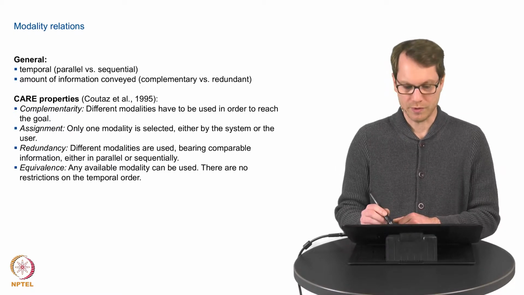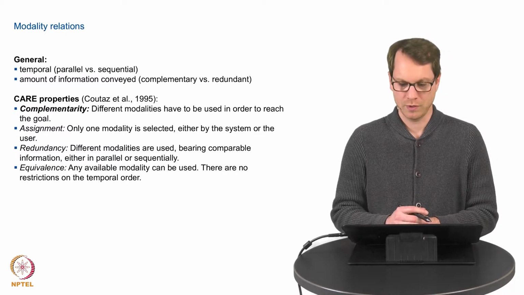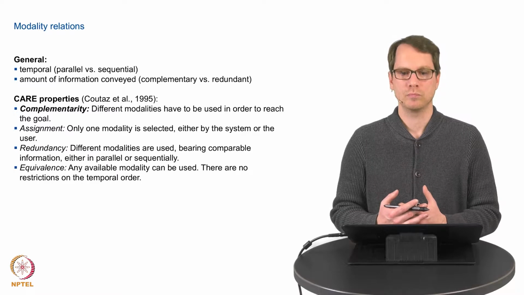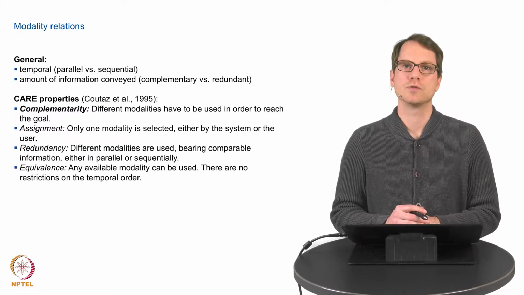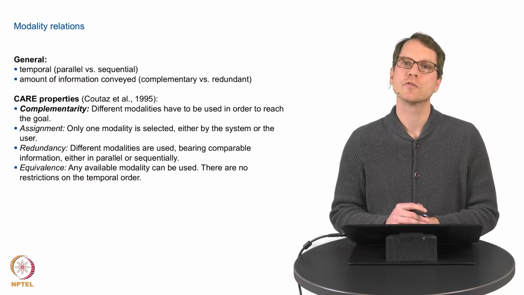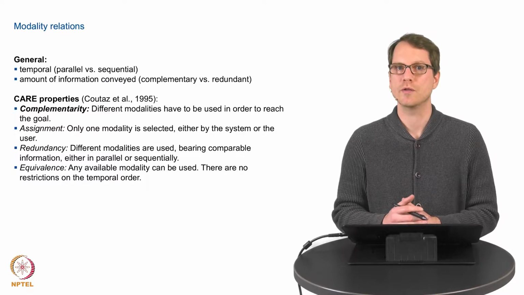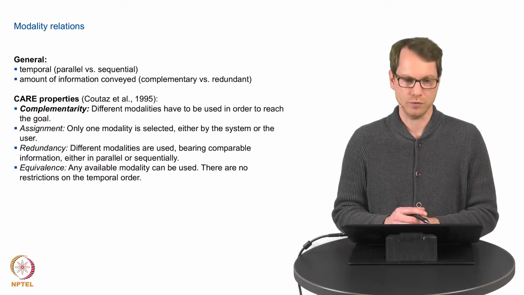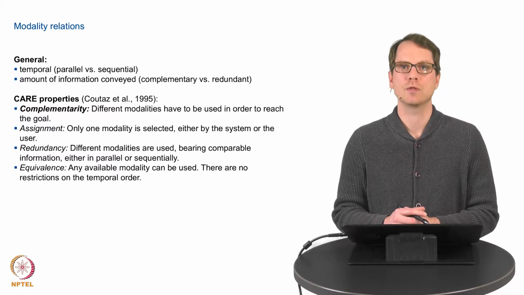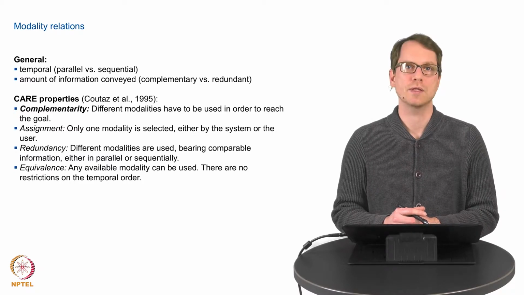These are complementarity. This means that the different modalities are all used in order to reach a certain goal. That means, in this case, the amount of information conveyed is triggered. That means that different information is used on different modalities and they all have to be used in order to reach a goal. The typical example is the one you saw in the video from 1980 or 1979 from MIT, the so-called put that there scenario.